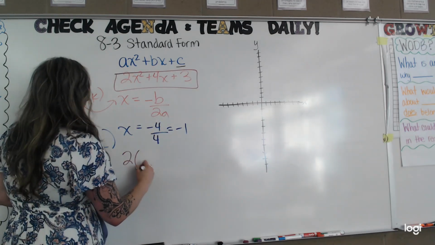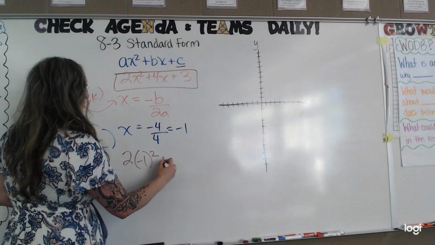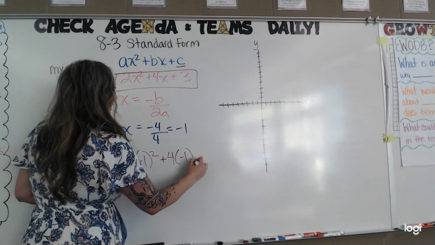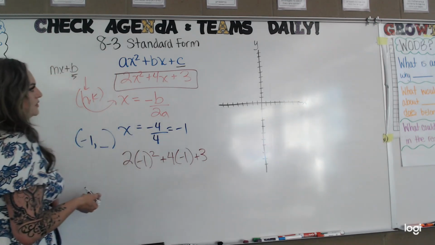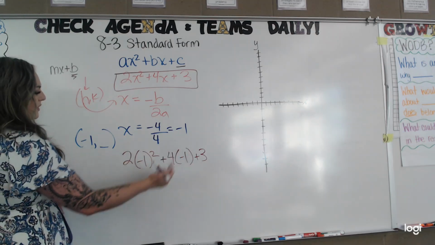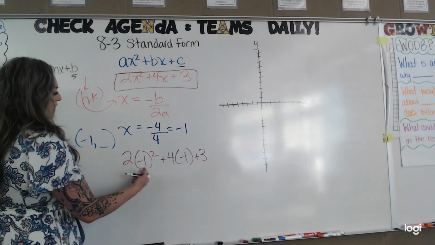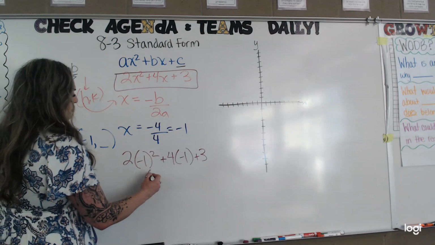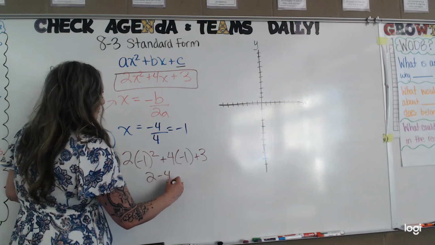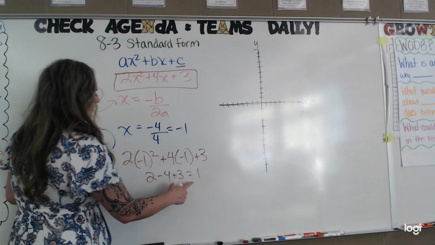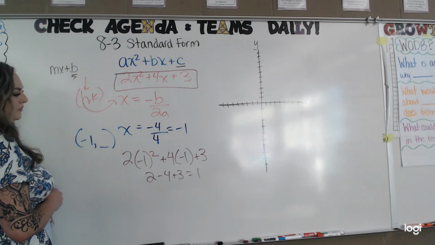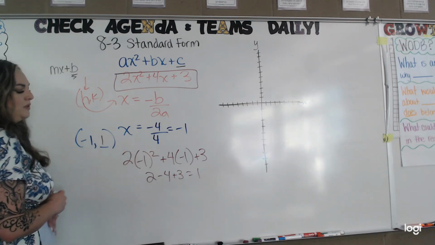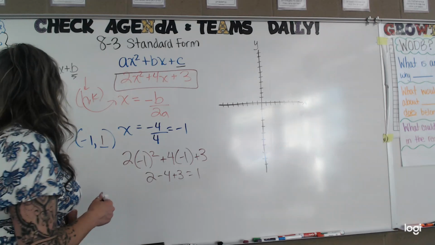So 2 times negative 1 squared plus 4 times negative 1 plus 3. Let's evaluate it. We get 2 times 1, when this is squared, that's 2, minus 4 plus 3, that gives us positive 1. So our y value in the vertex is positive 1.